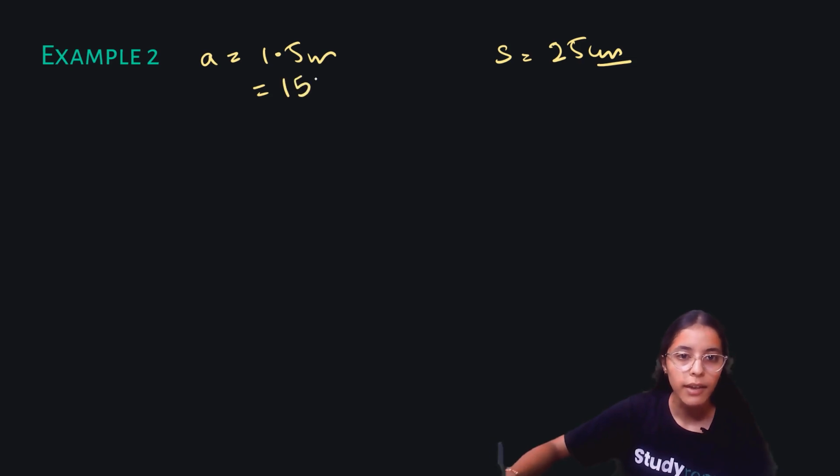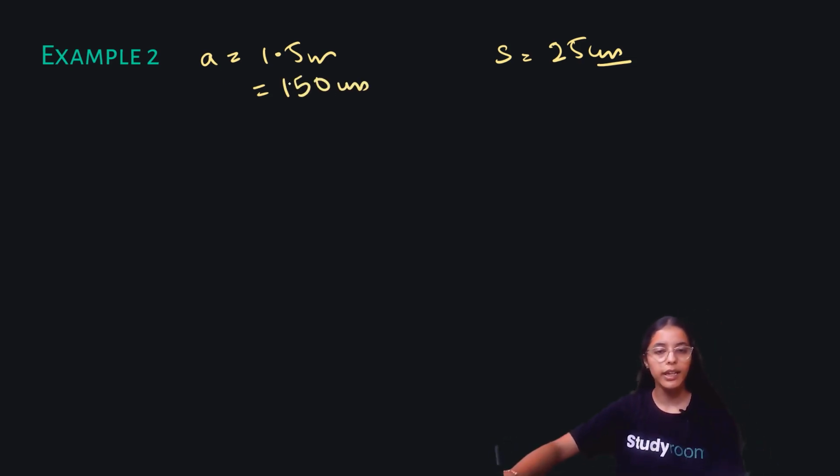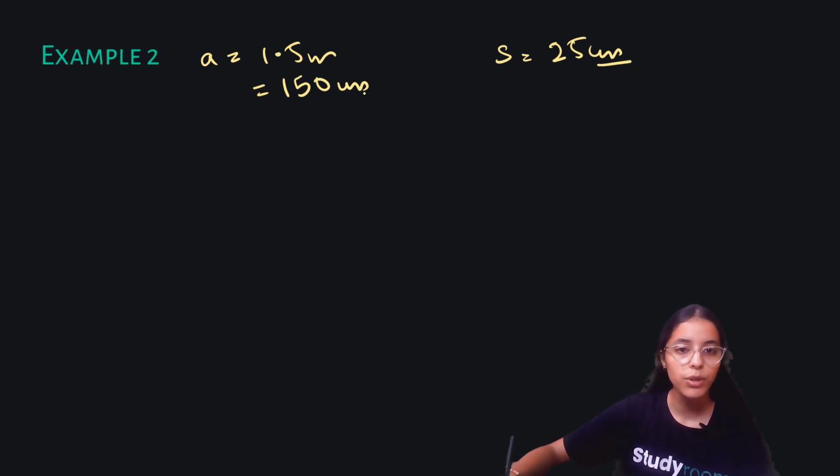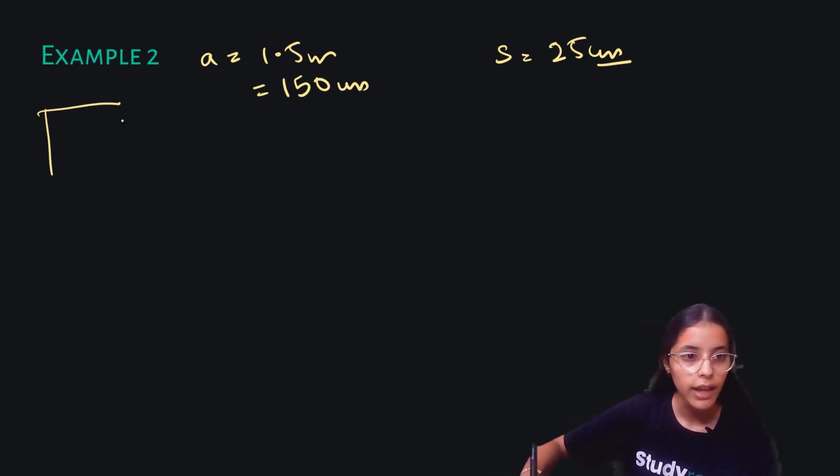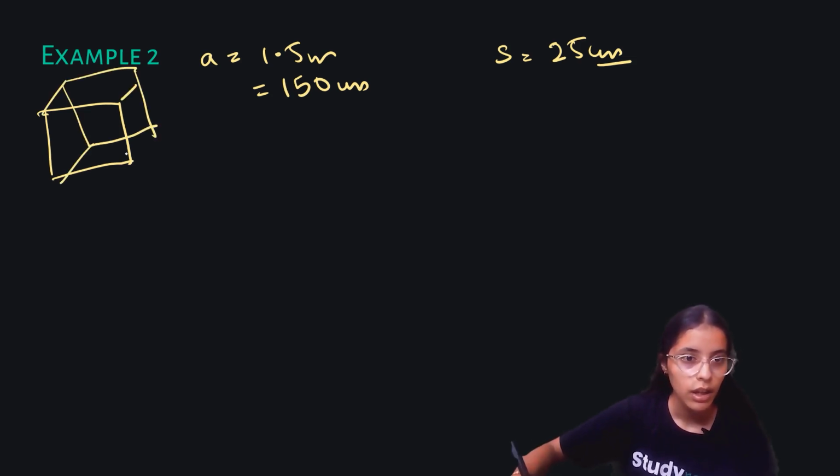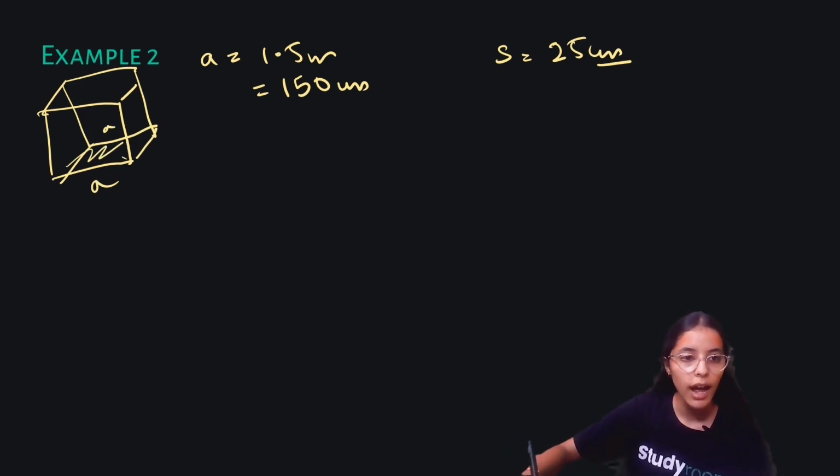So the side is equal to 150 centimeter. Now I'll just draw the cube. We have all the sides, but we do not have the base. So let us first find the area of one face.